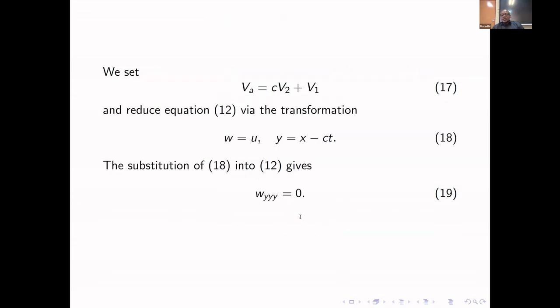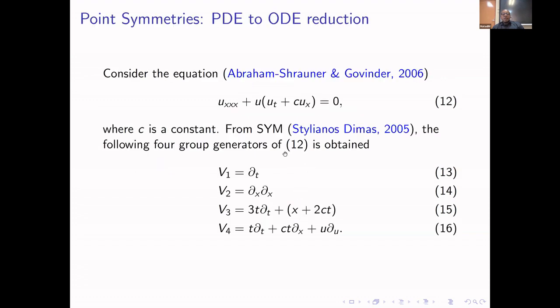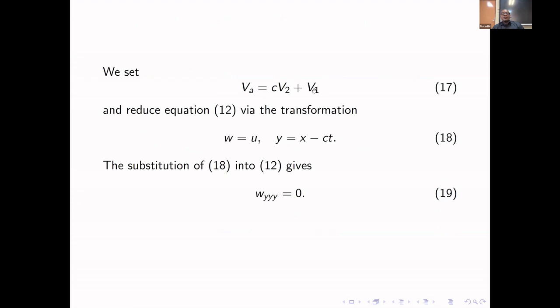Now what happened is they combined V1 and V2. Why? Because a linear combination of symmetries is also a symmetry. After combining V1 and V2, they used VA, which led to those transformations.